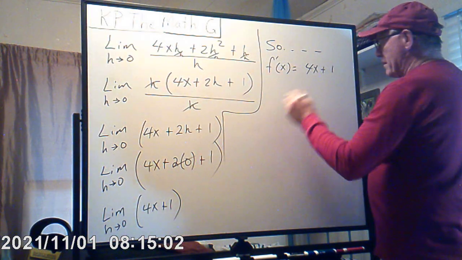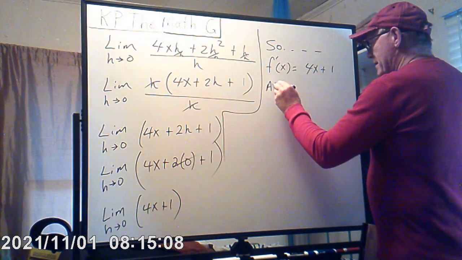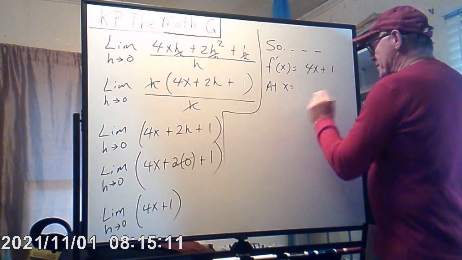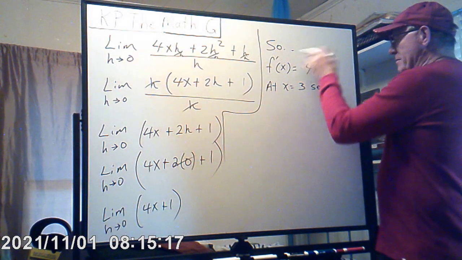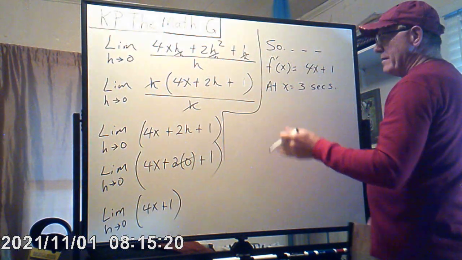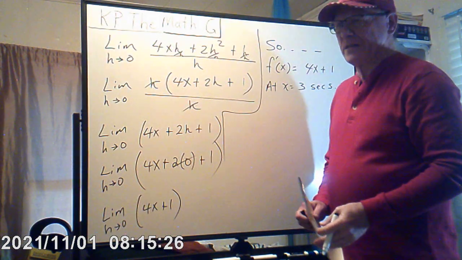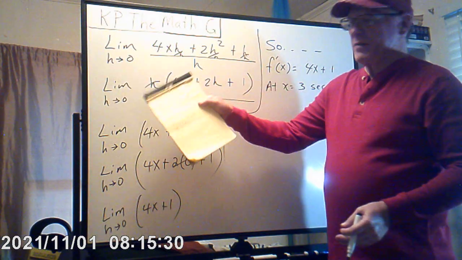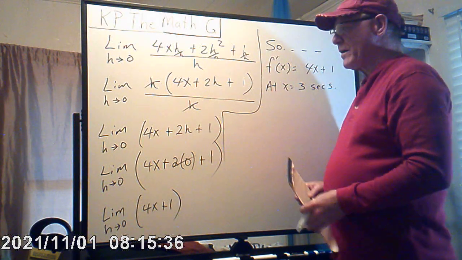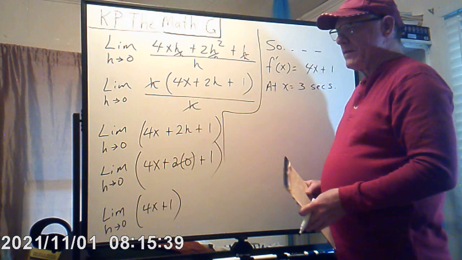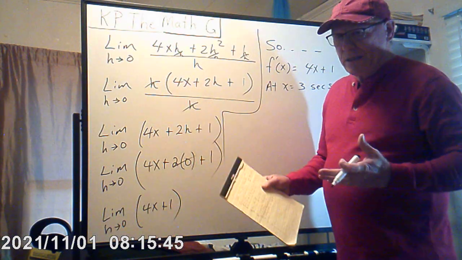So if we wanted to make some application of this, we could make this t, f prime at t. Or we can leave it at x, and we can say, well, alright, at x equals 3 seconds, we're going to have, and I will say that what we just did, using limit to find that derivative of the original problem that we just put up there, we found that that would be like saying that is in feet, distance.